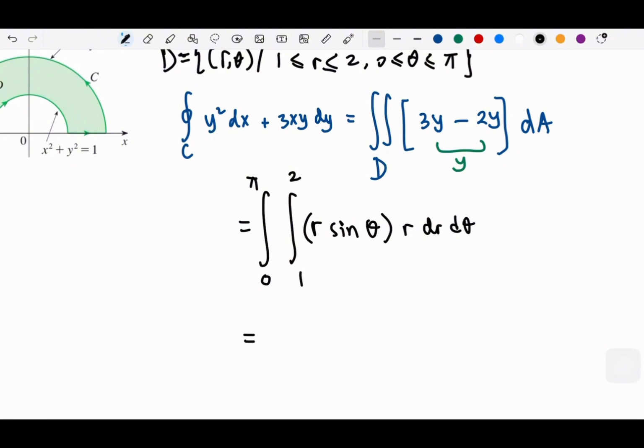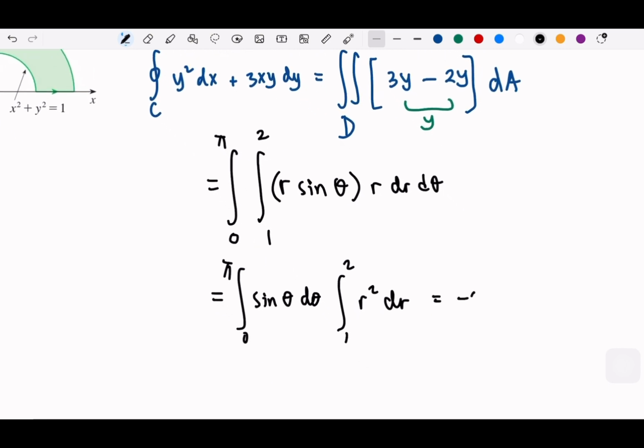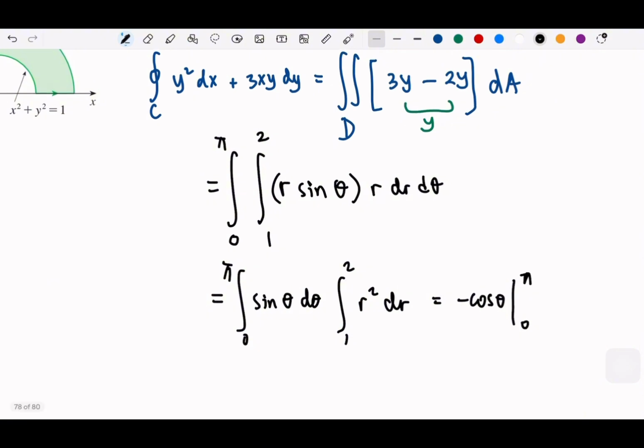And this will be solved by taking the r squared with dr and the sine theta with d theta, so we can separate this. Okay, so sine becomes a negative cosine from 0 to pi, and r squared becomes 1/3 r cubed from 1 to 2.